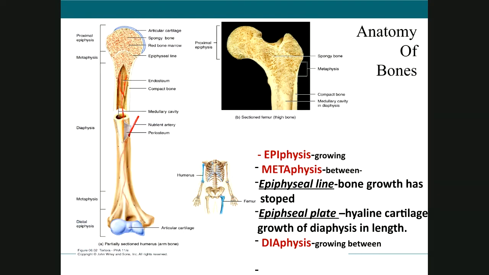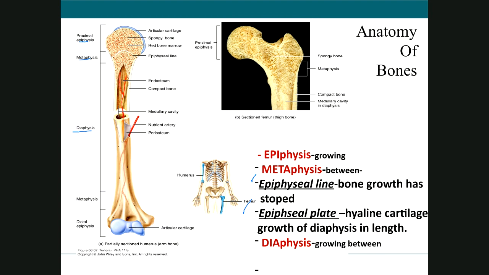So let's look at this again in greater detail. Here's the diaphysis. Here's the metaphysis. Remember, the metaphysis is in the middle, between the epiphysis and the diaphysis. Within the metaphysis is where we have either the epiphyseal line, where the bone has stopped growing, or the epiphyseal plate, which we could see in a bone that is growing in length.